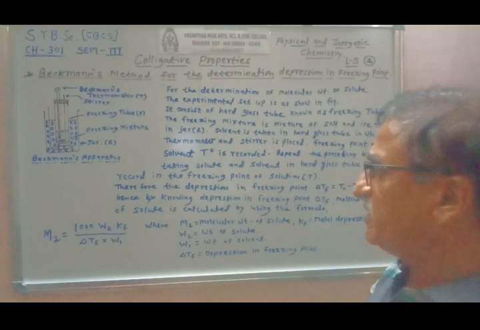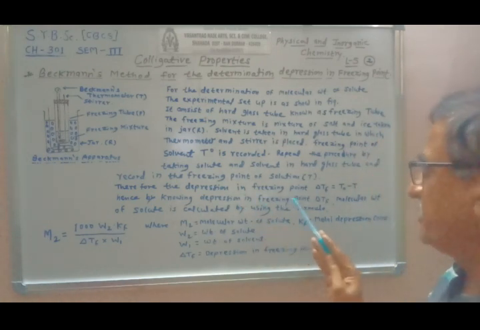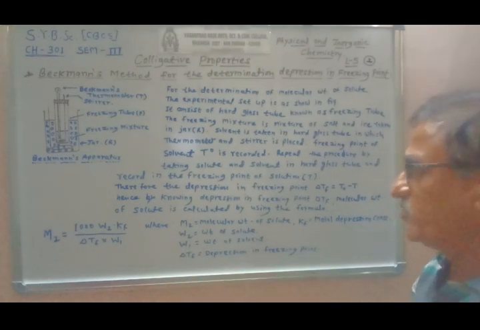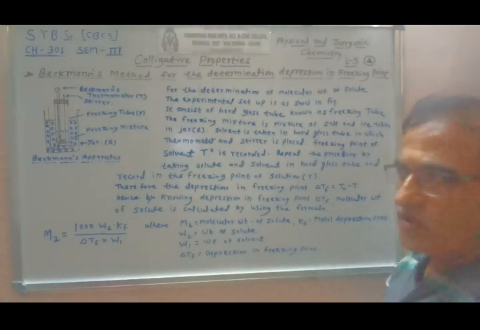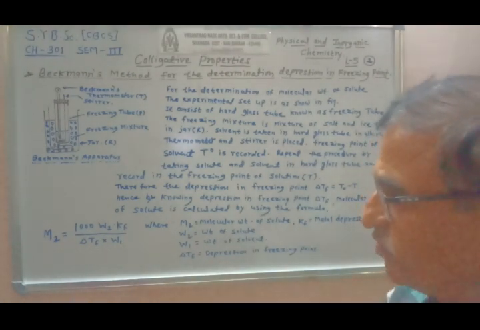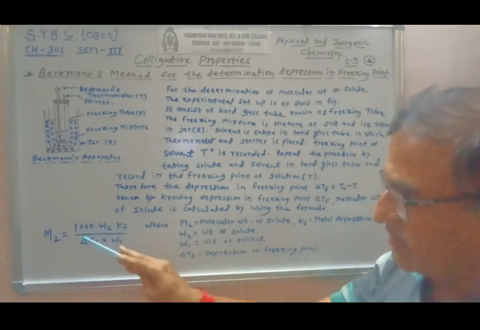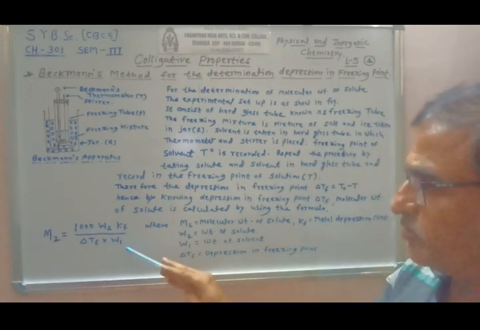Hence, by knowing the depression in freezing point delta Tf, we can calculate molecular weight of solute by using the formula M2 is equal to 1000 into W2 into Kf divided by delta Tf into W1.